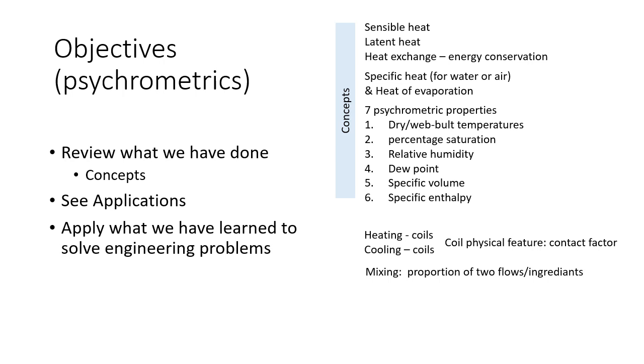So when we mix 2 different air flows, we have a new state of air, and we calculate the mixture by the proportion of 1 component plus the proportion multiplied by the other component.